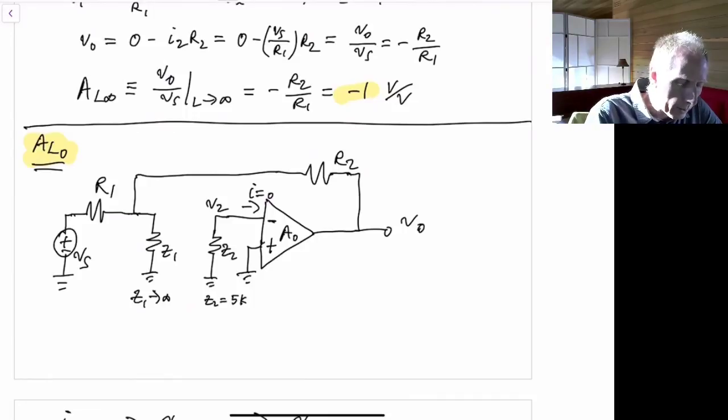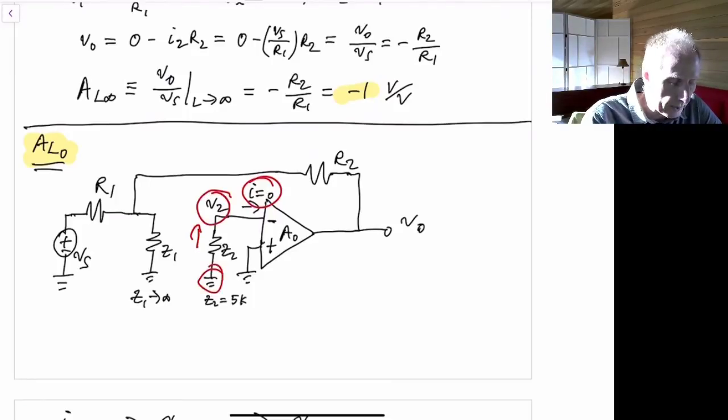But the main point here is that because we have an ideal op-amp, we know that I0, the current going to this negative terminal, is equal to 0, which means the current going through this impedance Z2 is equal to 0, which means the voltage here must be equal to the voltage down here, so V2 must equal 0. If V2 equals 0, then V out must equal 0. Remember, we have 0 output impedance over here as well. So it's forced V out to be 0.